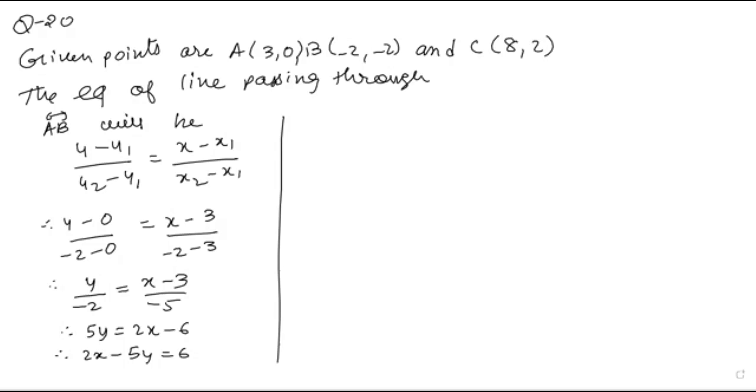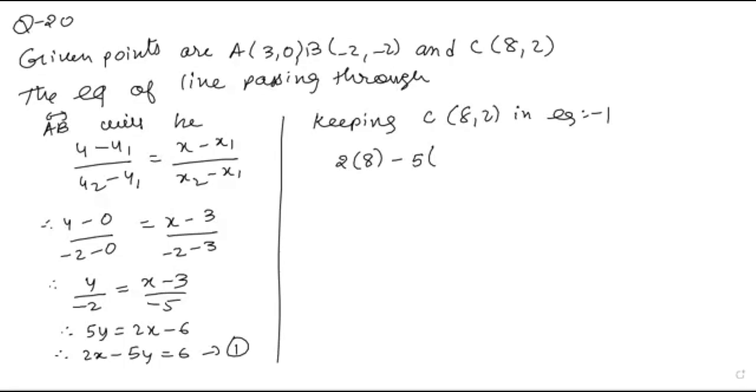If this line satisfies the point C, then I can say that these 3 points are on the same line. So now, keeping point (8, 2) in equation 1, this is my equation 1. So 2 into, in place of x I will keep 8, minus 5 into, in place of y I will keep 2, is equal to 6. Therefore 16 minus 10 is equal to 6. You can see that 6 is equal to 6.